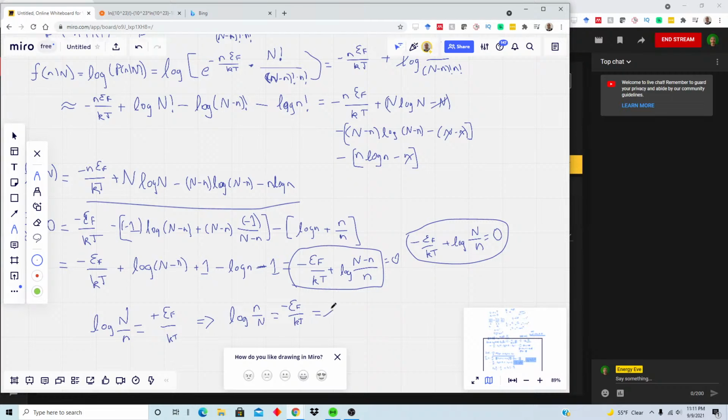And then you could take the exponential of both sides. And this will just give you little n over big N is equal to the exponential of minus EF over KT.